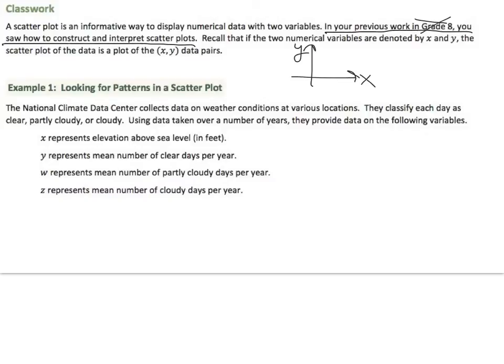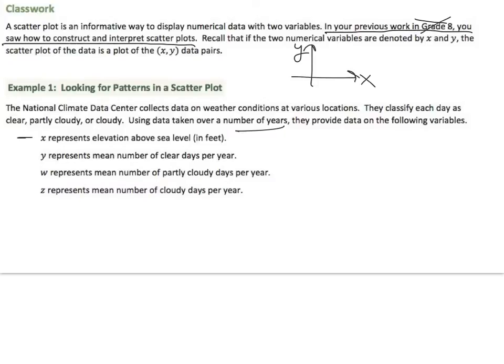So example 1, looking for patterns in a scatter plot. A national climate data center collects data on weather conditions at various locations. They classify each day as clear, partly cloudy, or cloudy. Using data taken over a number of years, they provide data on the following variables.